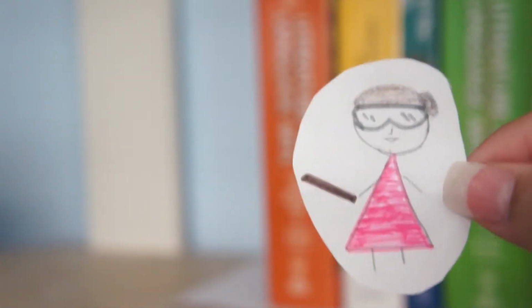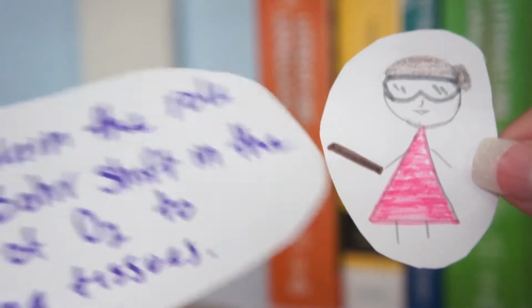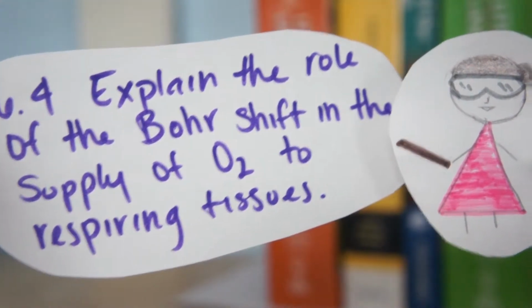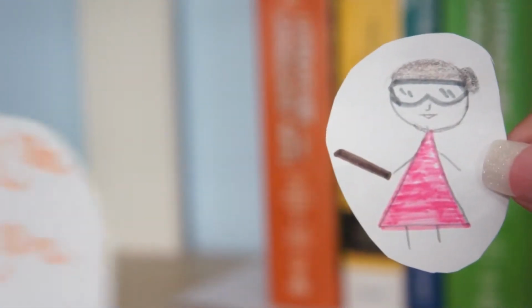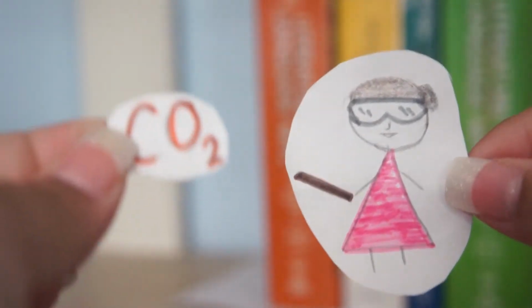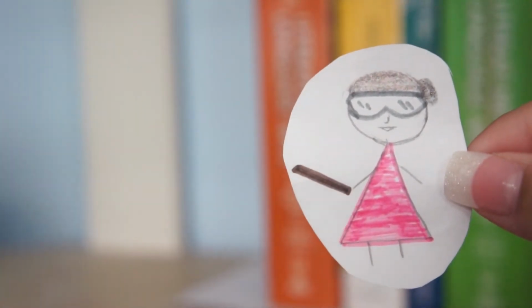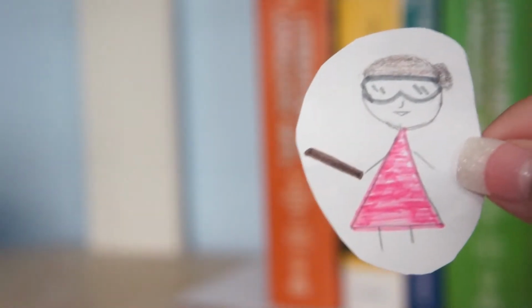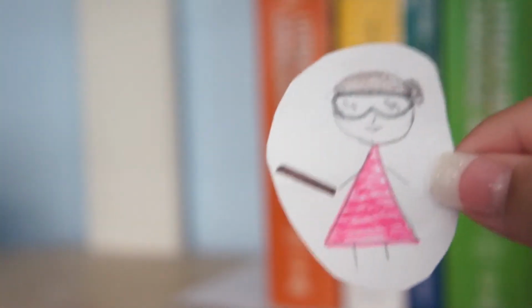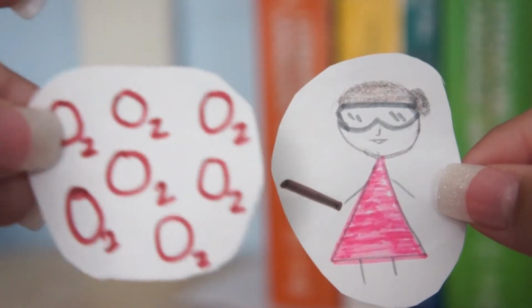Finally, my turn again, and this time I'll be introducing H.6.4, which is to explain the role of the Bohr shift in the supply of O2 to respiring tissues. Cells with high metabolism release greater amounts of CO2 into our blood. That CO2 lowers the pH of our blood, which causes hemoglobin to release its oxygen.